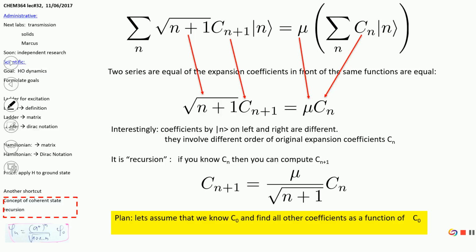We get a connection of the senior expansion coefficient to the junior expansion coefficient. What is the name for this connection between senior and junior? Everything we do is series.